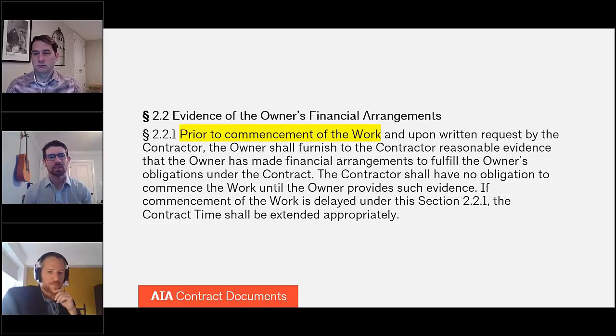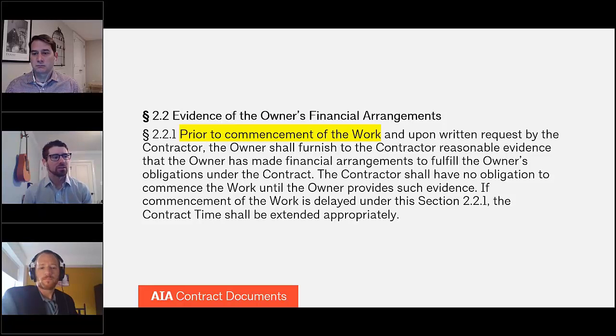So the term reasonable evidence is used in this situation, and in a lot of contracts the term reasonable is used because it gives the parties flexibility to determine what fits in their situation.